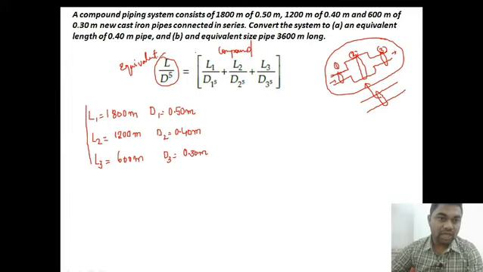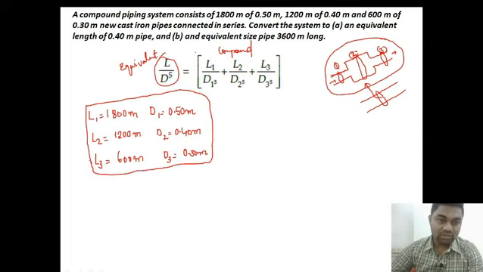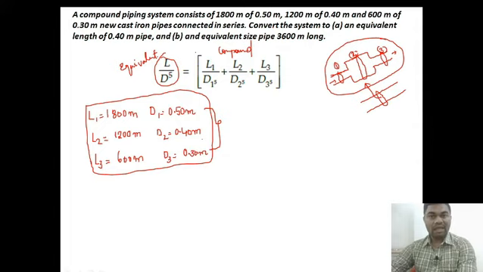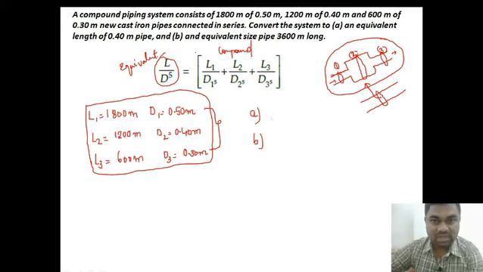We have 3 compound pipes which have to be connected with each other, so we have to design an equivalent pipe based on the characteristics of these 3 compound pipes. We have 2 cases to find out, case A and case B. In case B, the diameter of the equivalent pipe is given as 0.40 meter, and we need to find the length of the equivalent pipe.